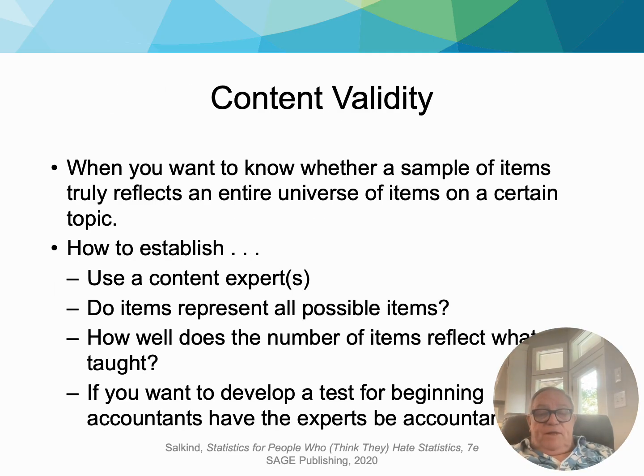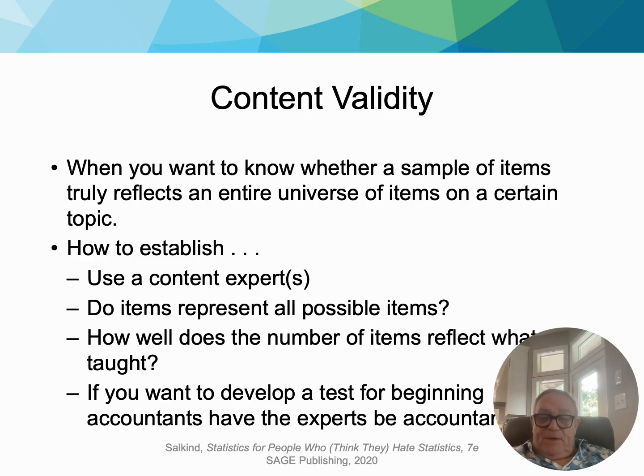So with content validity, you want to know whether a sample of items truly reflects an entire universe of items on a certain topic. How do you establish that? One is you might have a panel of experts. So if you're wanting to measure content, the example I came up with here is what beginning accountants need to know. So when they finish a BA program, what is the amount of knowledge they should know?